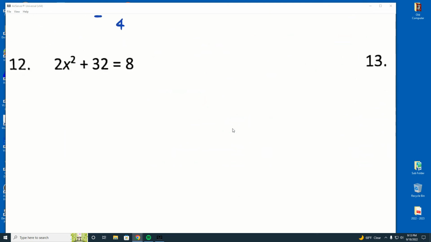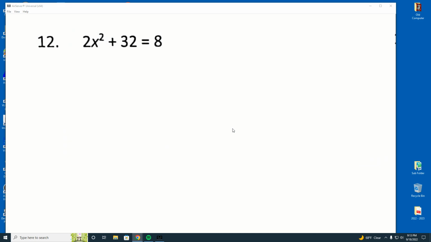All right, moving on to number 12. I'm going to subtract 32. That's negative 24. I'm going to divide by 2. That's negative 12. Now I'm ready to take the square root, and notice what I'm taking the square root of. A negative. So let's think about all the things that we have to do. To take the square root of both sides tells me I add a plus or minus to my answer. How did that negative escape the radical?